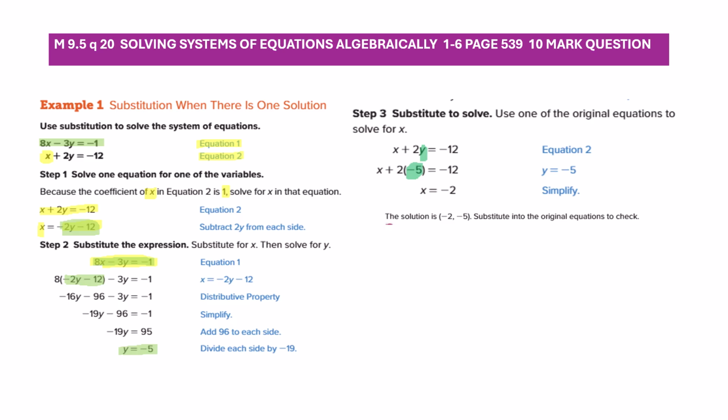When you substitute negative 5, you find that x minus 10 is equal to minus 12. Therefore, x is equal to negative 2. So our final solution is x is negative 2 and y is negative 5.